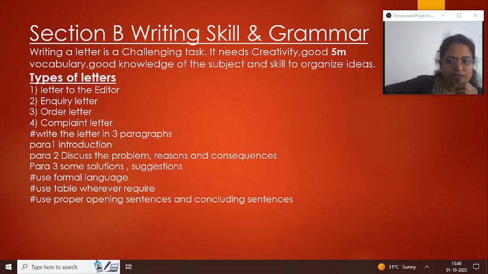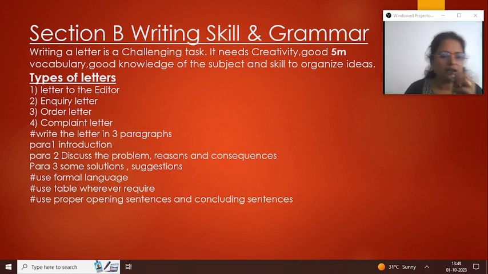There are 4 types of letters, as I told you earlier also: letter to the editor, inquiry letter, order letter, complaint letter. The letter should be written in detail. It's very, very essential. You need to write the letter in 3 paragraphs. Para 1 should introduce why you are writing the letter, the reason that you are writing it.